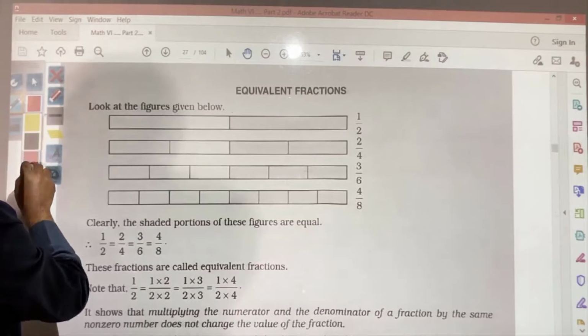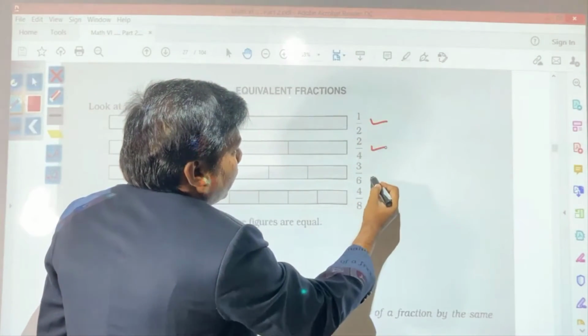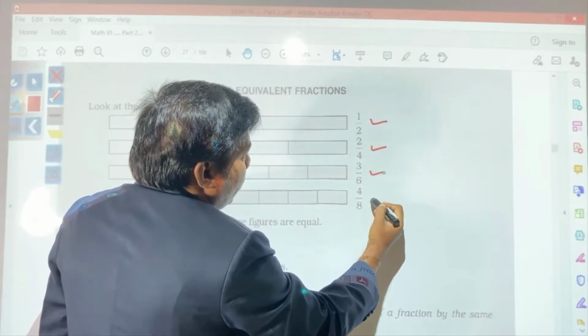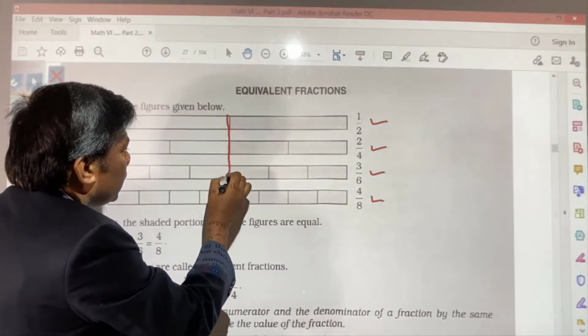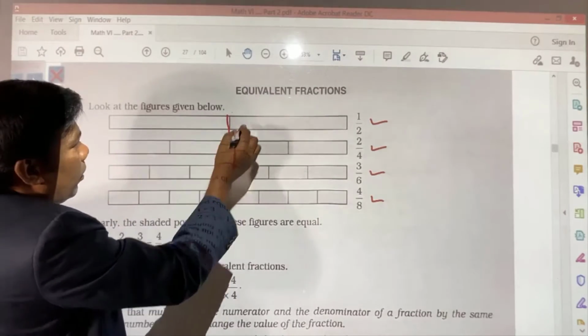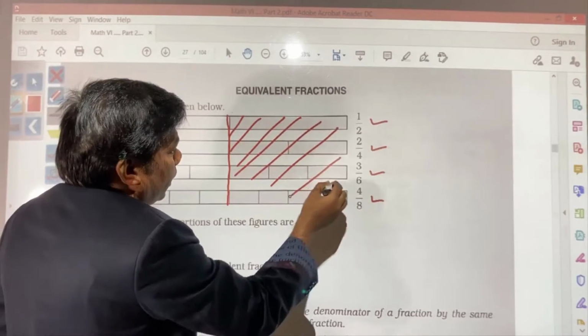So either we say 1 by 2, or 2 by 4, or 3 by 6, or 4 by 8. Just see the shaded portion. The shaded portion of the same whole is this much. These parts are shaded.